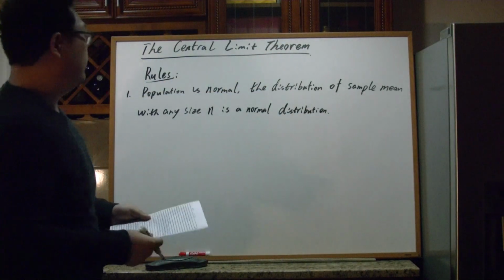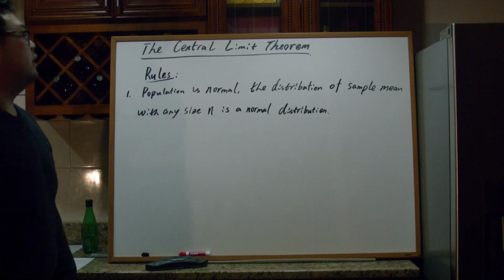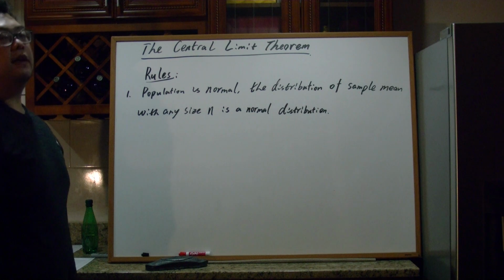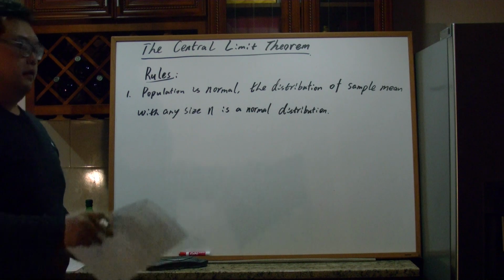As we mentioned, if the population is normal, then the distribution of the sample mean with any size n is a normal distribution.